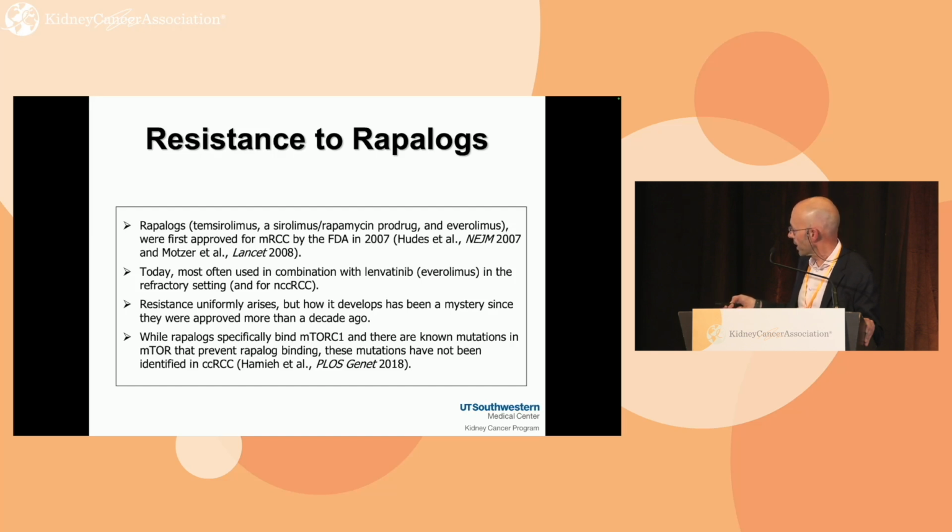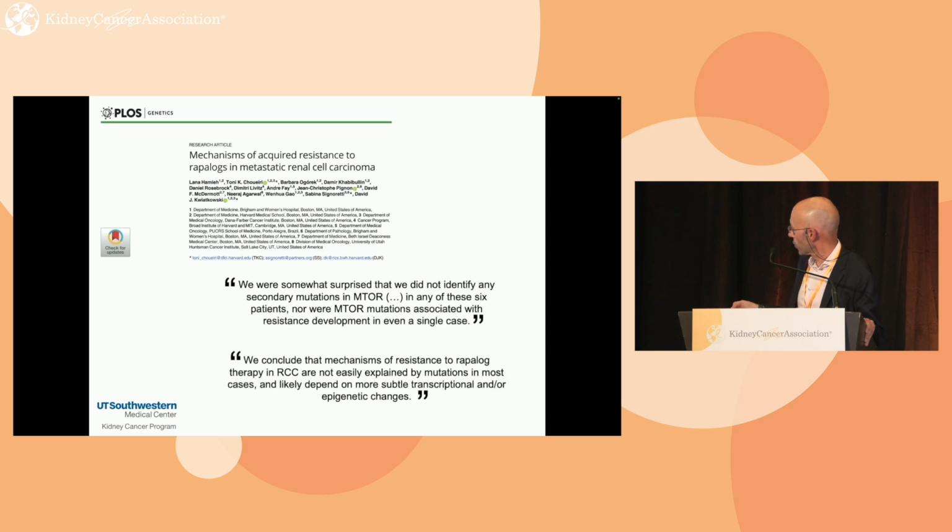Resistance uniformly arises, but it's been a mystery how it arises, and this is being looked at by the Harvard group, among others. So there's a paper from Sabina Signoretti, David Kwiatkowski, and Toni Choueiri, looking at 6 patients that develop acquired resistance. They did not find mutations in mTOR, which is the target of rapamycin, right?